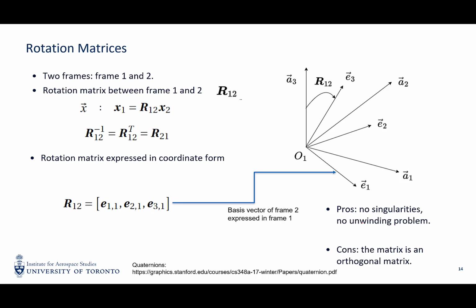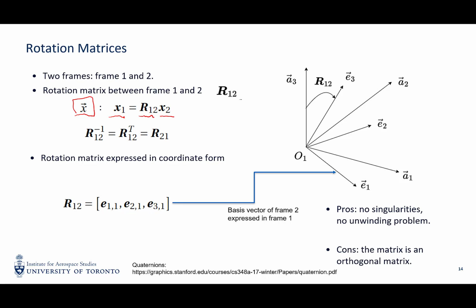For example, if we have two frames, frame 1 and frame 2, and the same vector x, in frame 1 its coordinate is x1, and in frame 2 its coordinate is x2. Then the rotation matrix R12 is the transformation between these two coordinates.